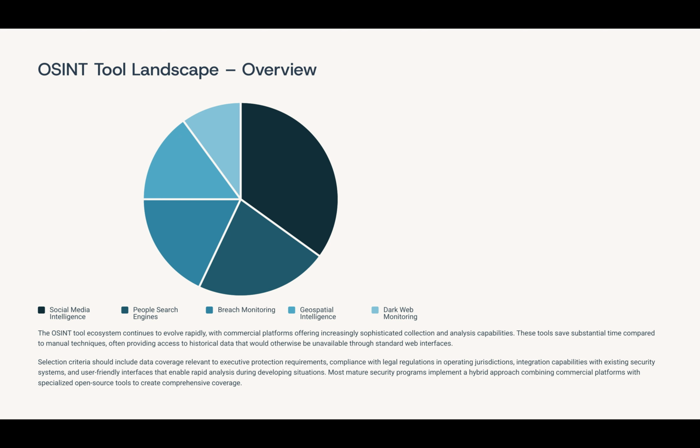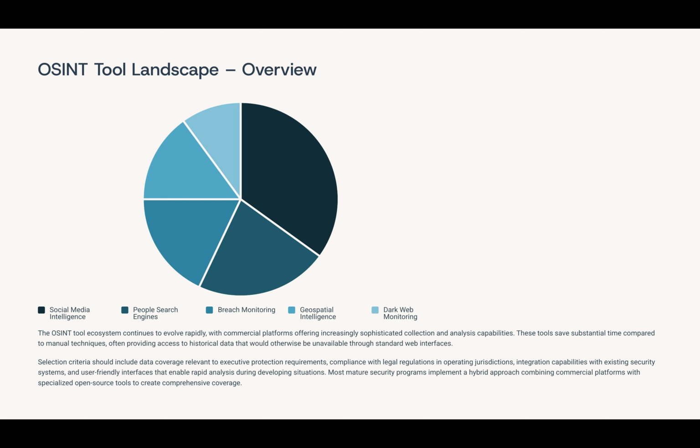gather manually. When evaluating these tools, it's critical to consider whether their data sources and coverage align with your organization's specific protection needs. Compliance with legal regulations is also mandatory, especially since data privacy and cross-border operations can introduce significant complexity. Integration with your existing security infrastructure should be seamless, and the user interface needs to support quick decision-making, especially during time-sensitive incidents.